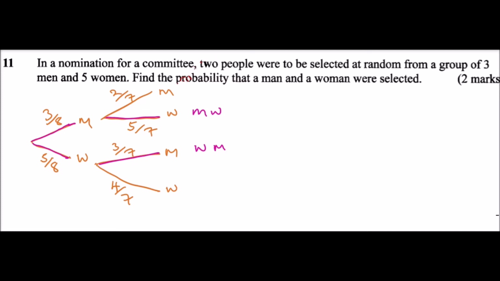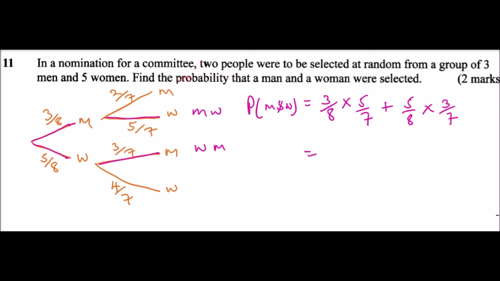So the probability of selecting a man and a woman is equal to the probability of selecting a man, 3/8, multiplied by 5/7, plus the probability of picking a woman, 5/8, multiplied by picking a man, 3/7.